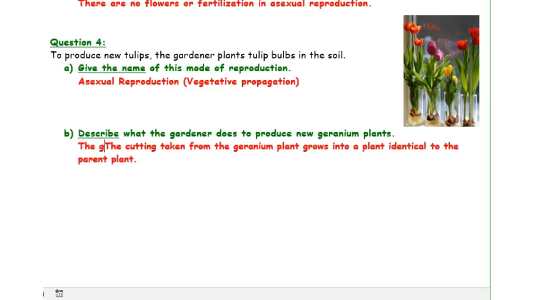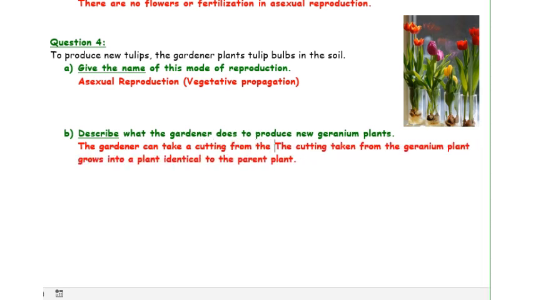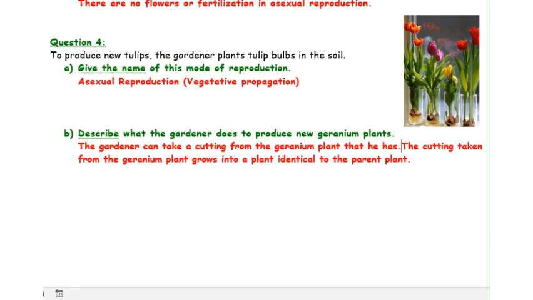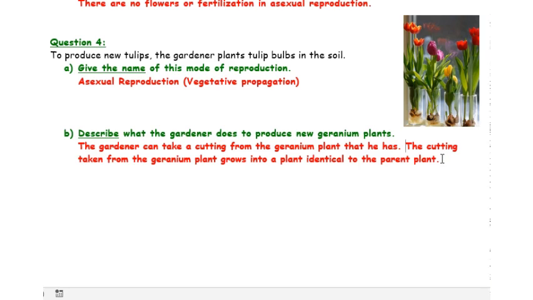So the gardener can take a cutting from the geranium plant that he has, and the cutting taken from the geranium plant grows into a plant that looks exactly like the parent plant. So that's it. That's all about the asexual reproduction.